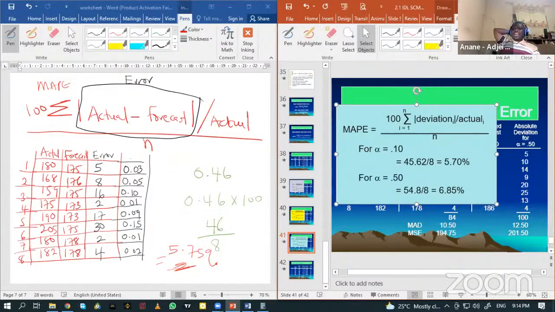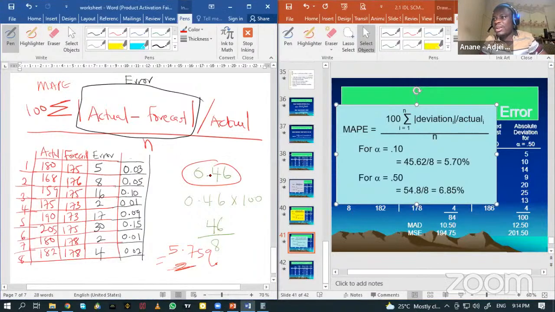Somebody is asking how I got this figure, 0.46. We got the figure by adding all these together, because the formula says after we are done with finding all these things, we should add them together. The sigma here says we should add them together.